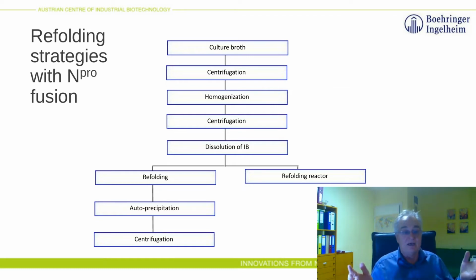Industry likes guanidine, likes urea. And then on the left-hand side, you would go for the refolding, and then the precipitation, and then you have a centrifugation, what I have showed you. Or you go to a refolding reactor and then do a conventional purification by chromatography.